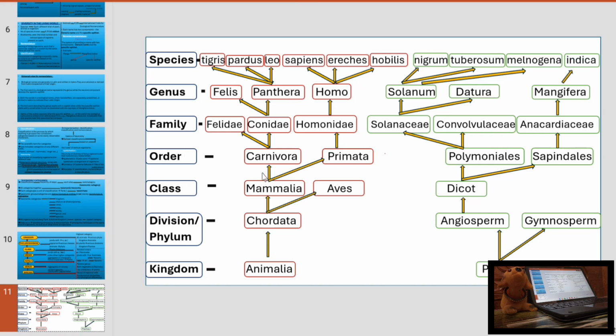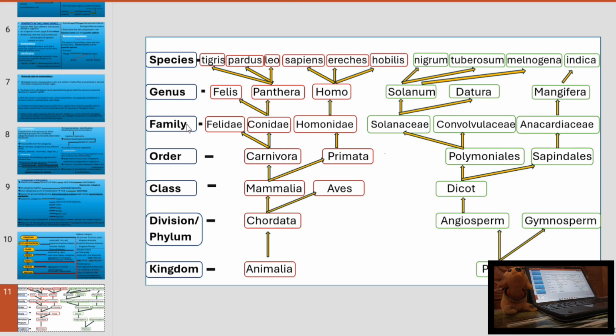From the order Carnivora, it gives rise to the families Felidae and Canidae. From Primata, family Hominidae comes. From the order Polymoniales come Solanaceae and Convolvulaceae, and Sapindales gives rise to Anacardiaceae.